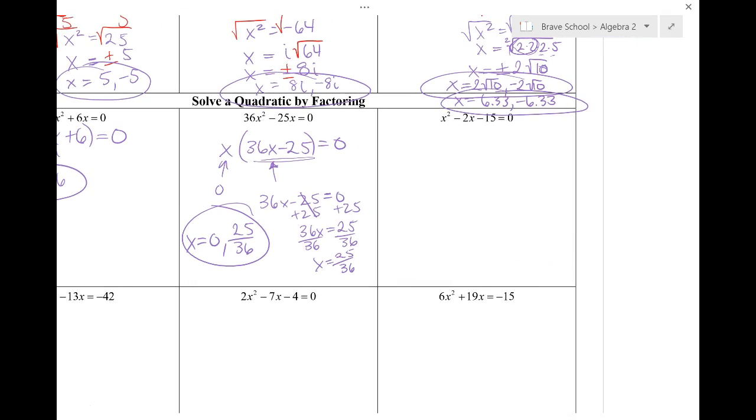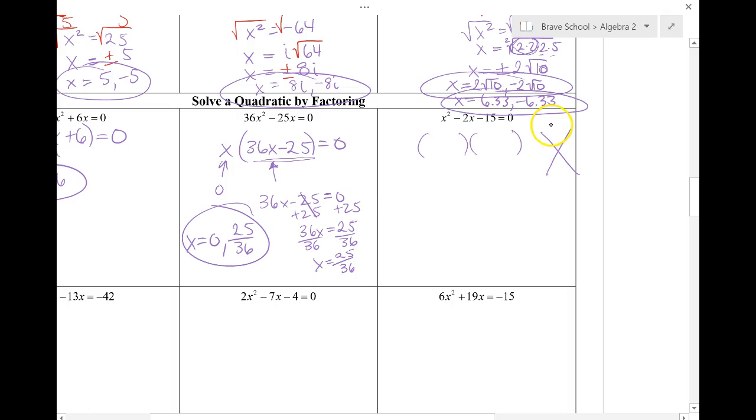Now the next one, what we want to do here is FOIL this out, because we have a quadratic with 3 terms, and the leading coefficient, a, is equal to 1, so we can just do a reverse FOIL. Or if you guys remember, we can do what you like to call the magic X, or the diamond, whatever you want to call it.